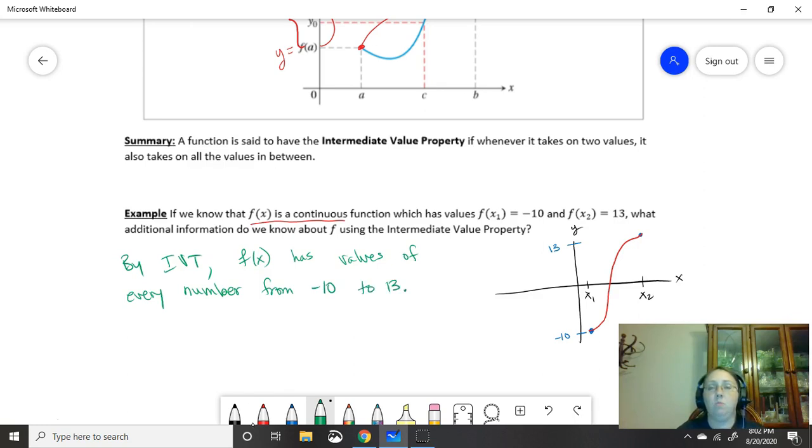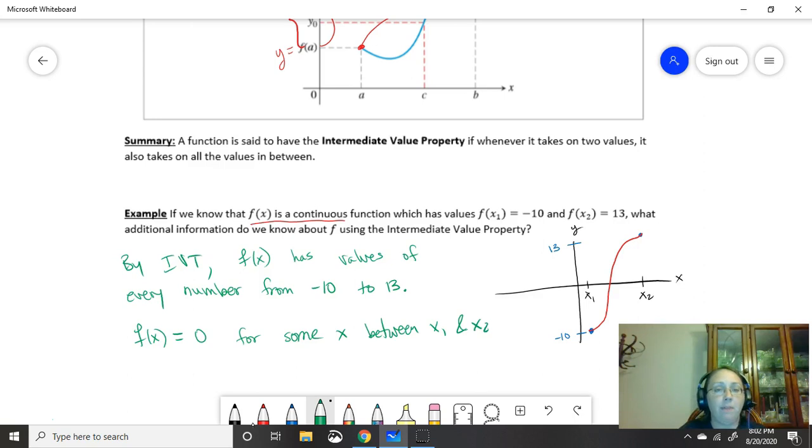The most interesting one, and the one that you've probably heard of before, is the fact that f of x must equal 0 for some x between x1 and x2.